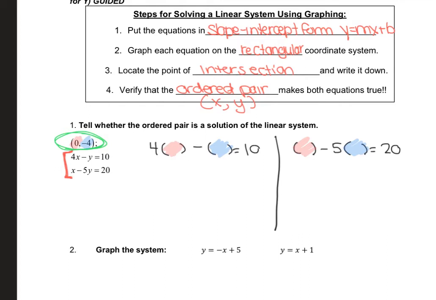All right, so 0 goes everywhere I see an x. -4 goes everywhere I see a y.